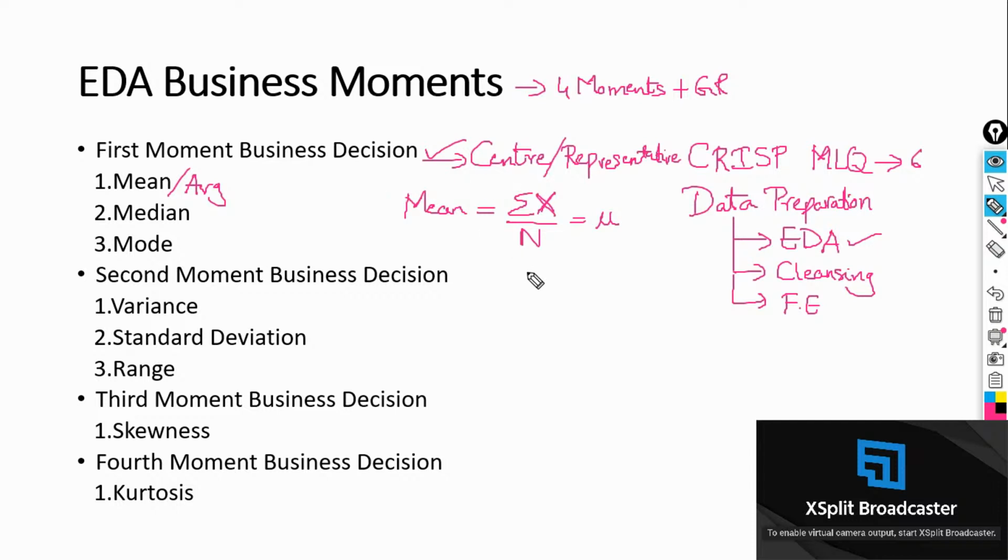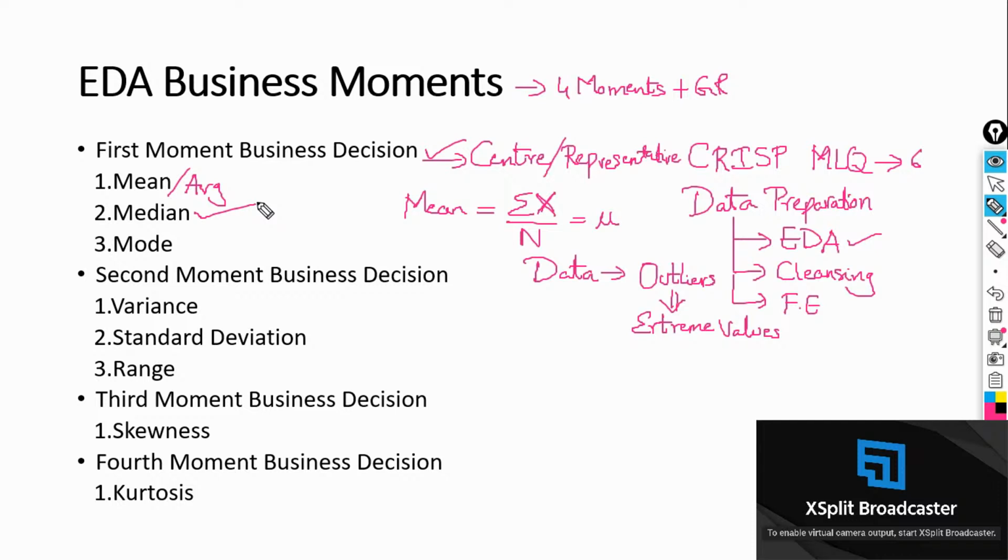If my data has outliers, which in simple terms are extreme values, I'm not supposed to consider mean. Why? Mean is influenced by outliers or extreme values. So in that case, I'm supposed to calculate the median.